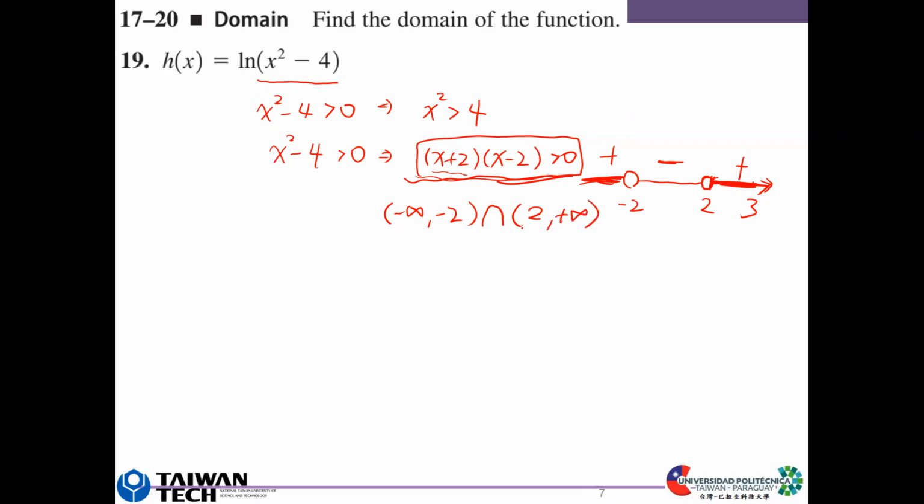And as you know, the parenthesis means the value of 2 is not included. So let me specify here: parenthesis means 2 is not included.